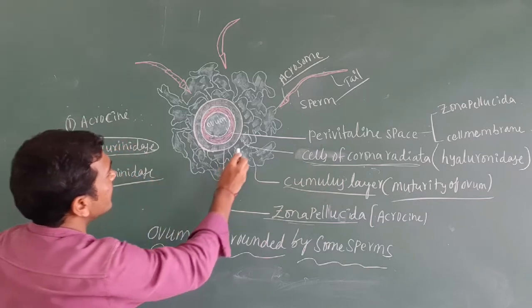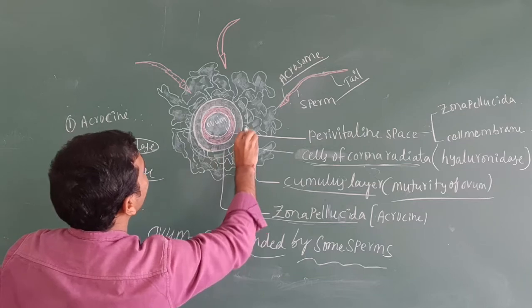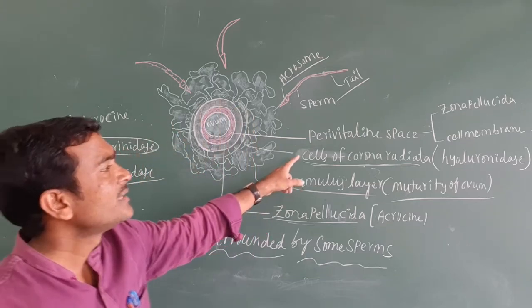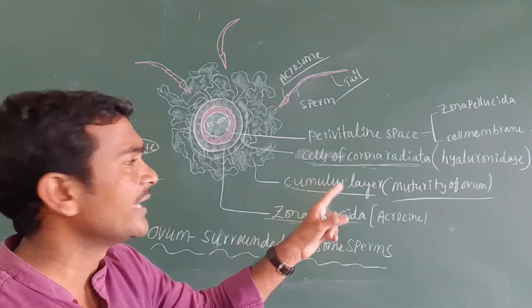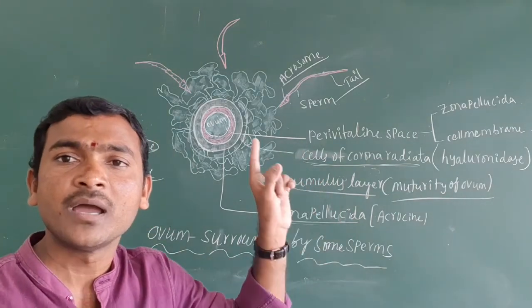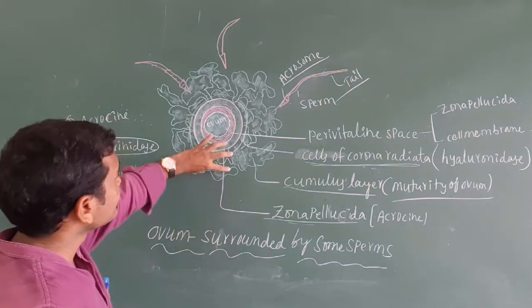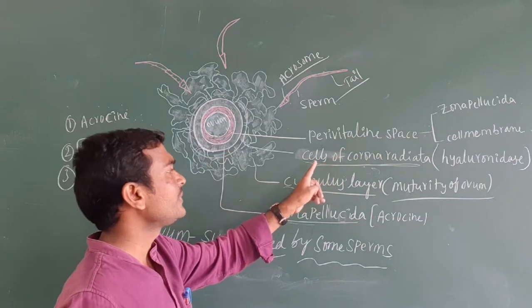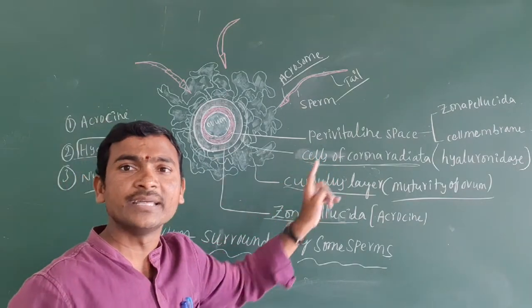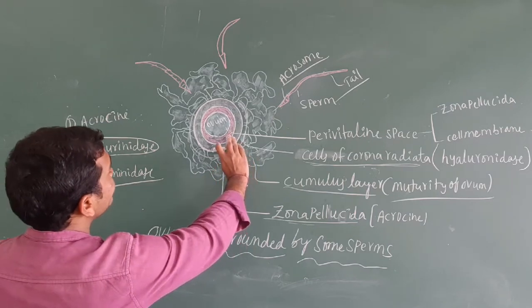First of all, it breaks down the cells of corona radiata. Which enzyme is that? Hyaluronidase enzyme, released by the acrosome. After it breaks down the cells of corona radiata, the sperm slowly enters inside.